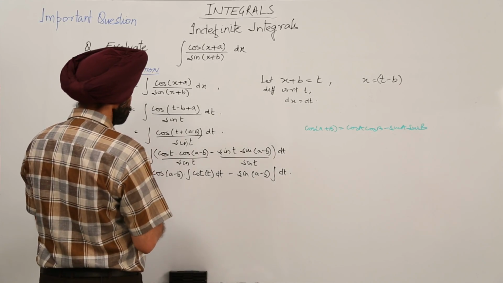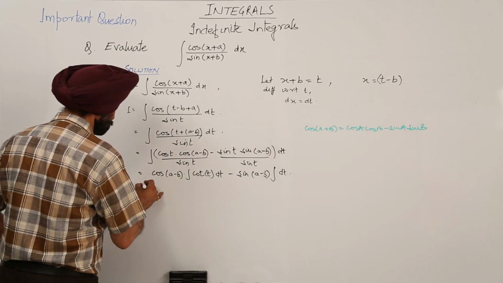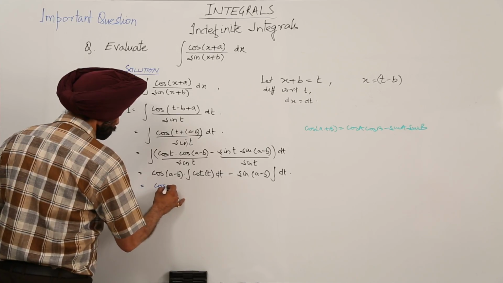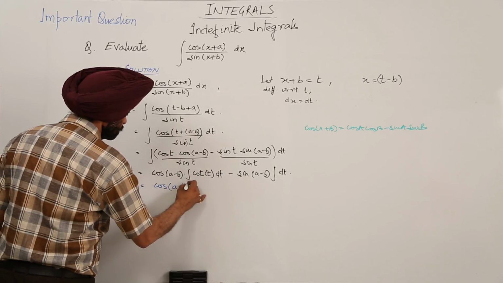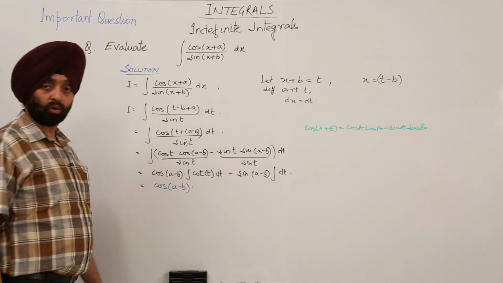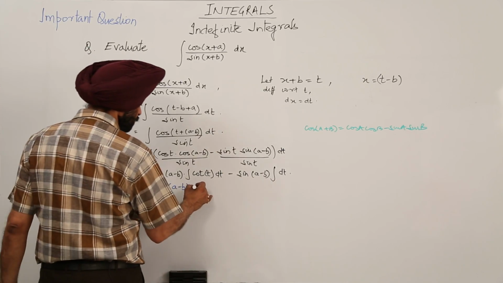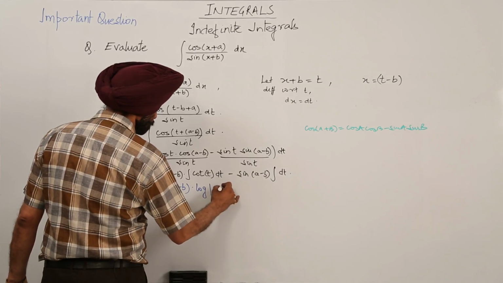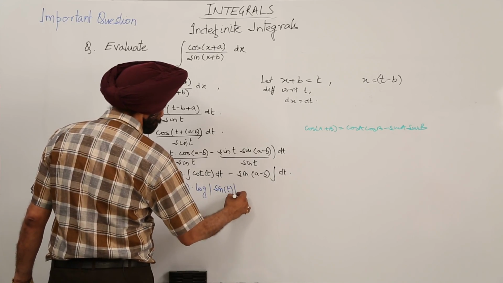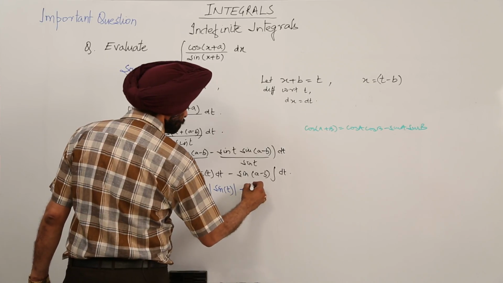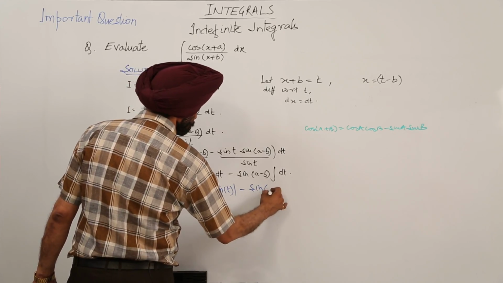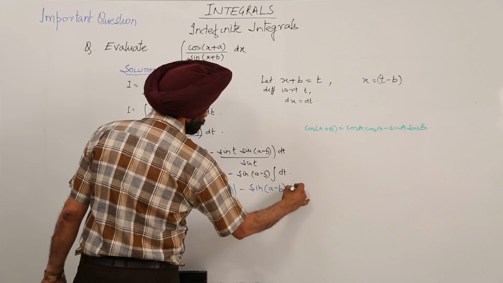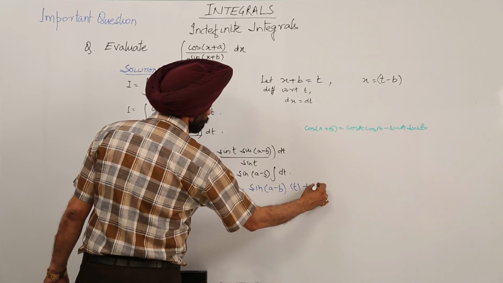So now we have cos(a - b) times, now the integration of cot t was log mod of sin t, minus sin(a - b) times t, plus c.